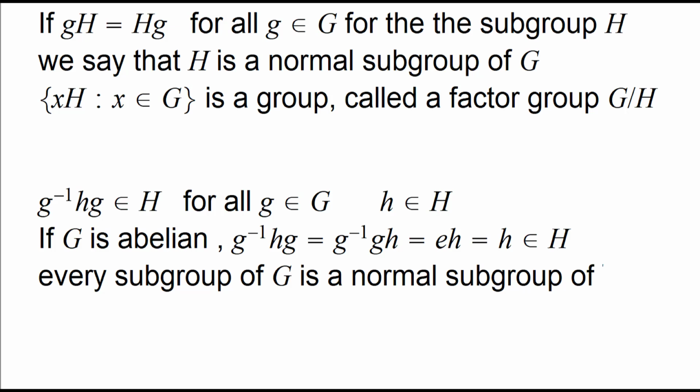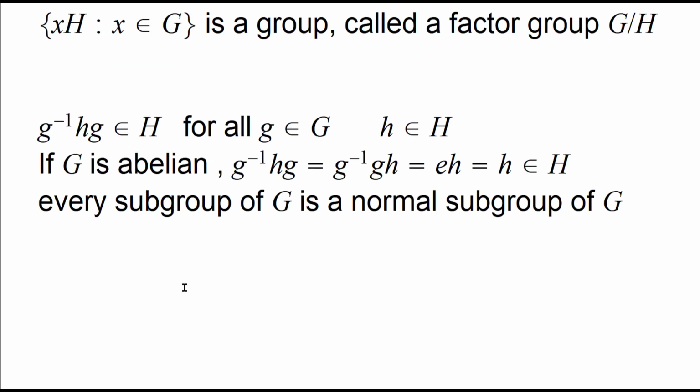Okay, but the problem occurs when we have a non-abelian group, right? So for example, let's take our first non-abelian group that we encountered, the permutation group on 3 symbols, right?